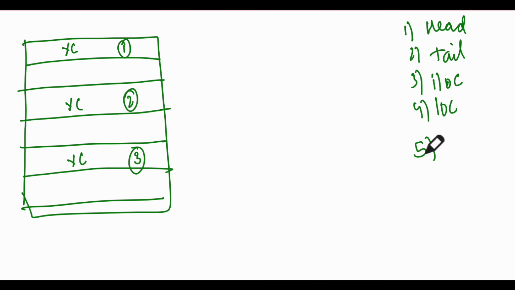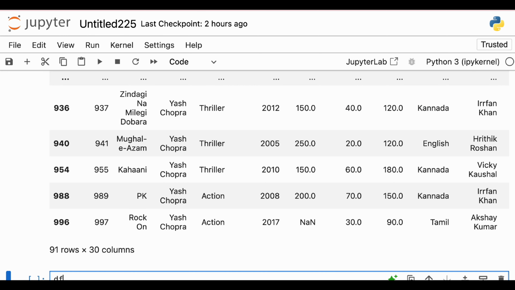Now let's move forward with the next part. Let's say I have to get unique values. If in a row I want only the unique values, I go to df dot iloc. Say I want the unique values in my first row.